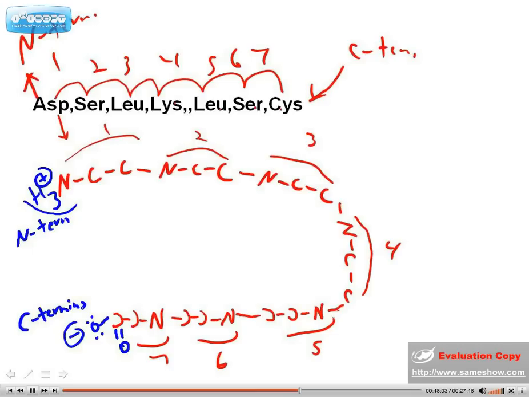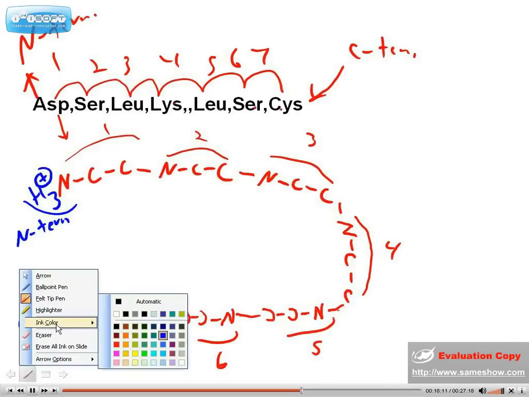Now, the next thing we're going to do is I'll start putting in all the rest of the backbone filler, as I call it. And you can do it in different ways, but this is how I do it. So which color should I use?